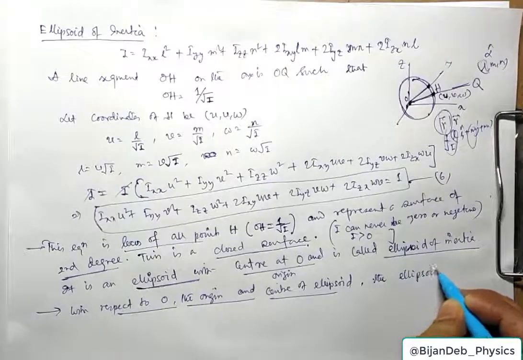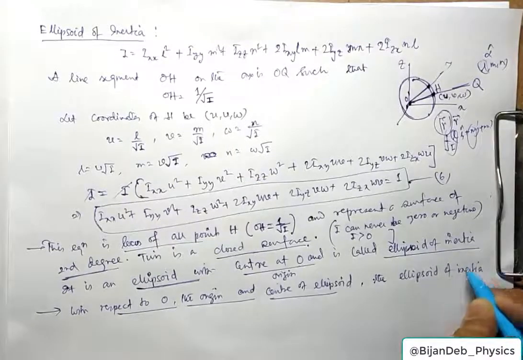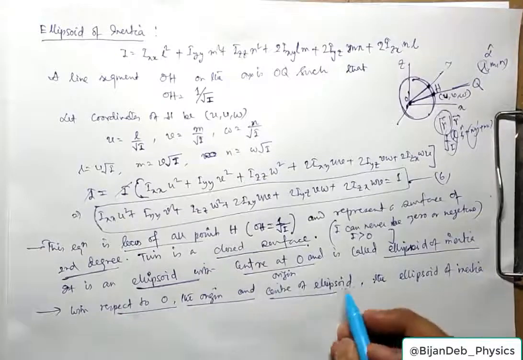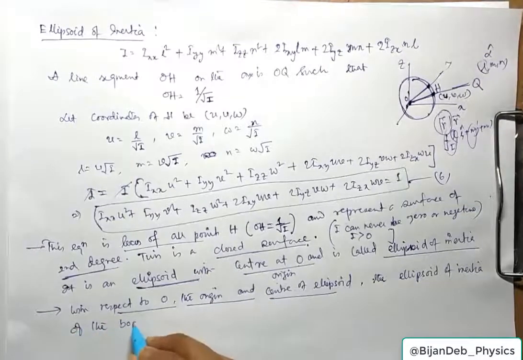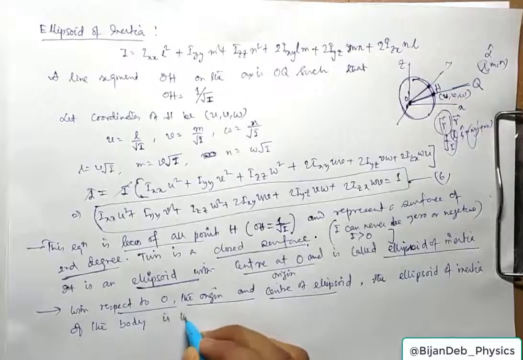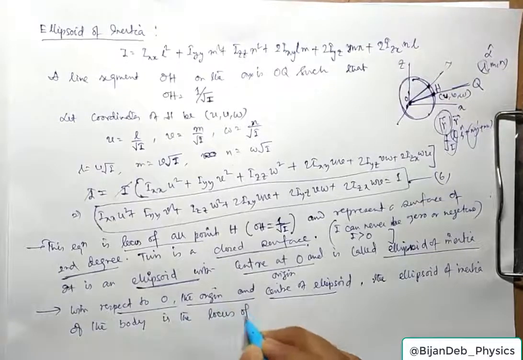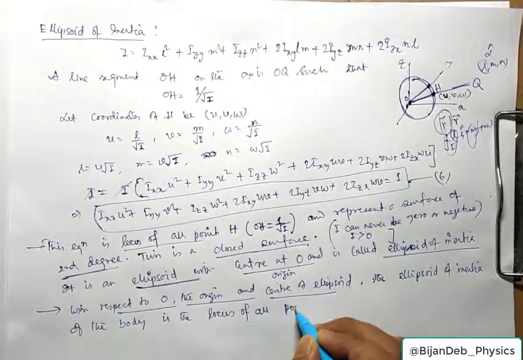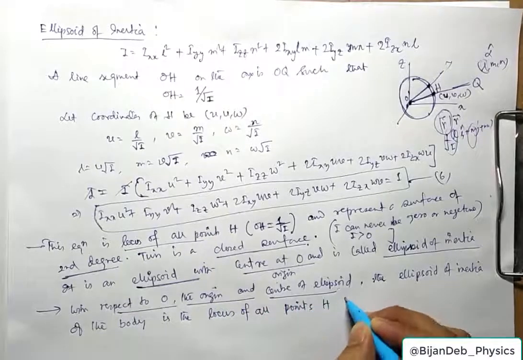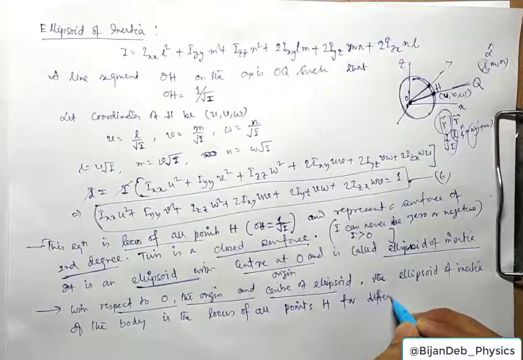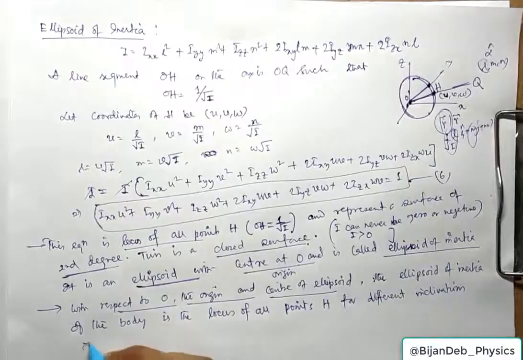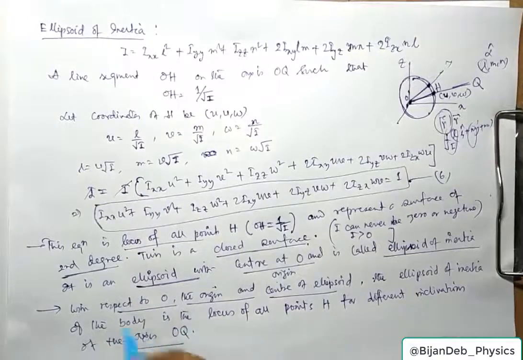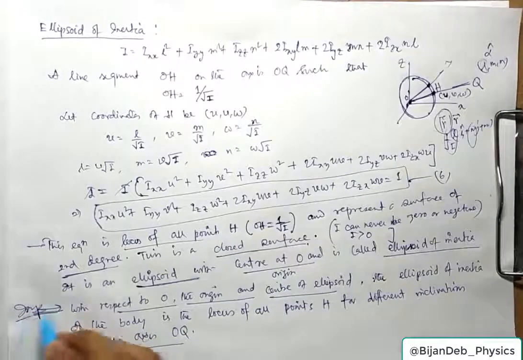The ellipsoid of inertia: if O is the origin and center of the ellipsoid, then the ellipsoid of inertia of the body is the locus of all points H for different inclinations of the axis OQ. You see, this is the importance of the ellipsoid of inertia.